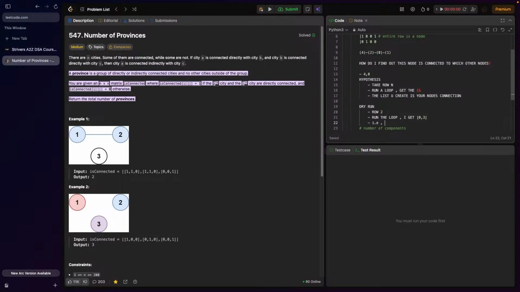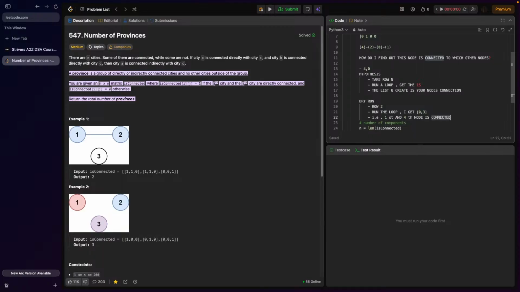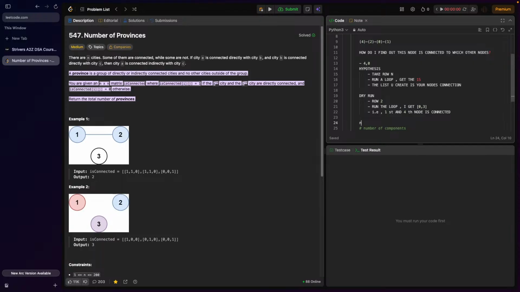That is 0 plus 1 and 3 plus 1, those nodes are connected. The zeroth, that is the first node, and the fourth node. So the fourth node and first node are connected. Okay, now you have the connections, right? What's next?